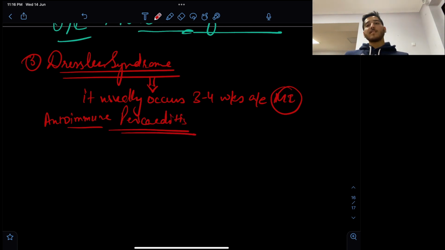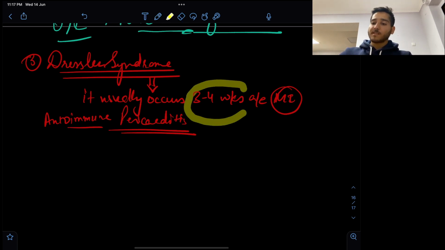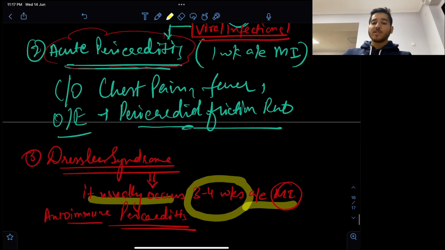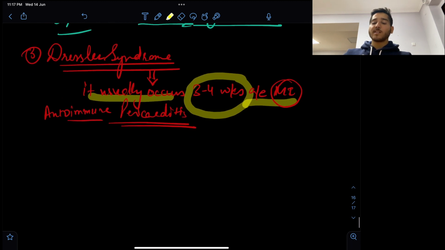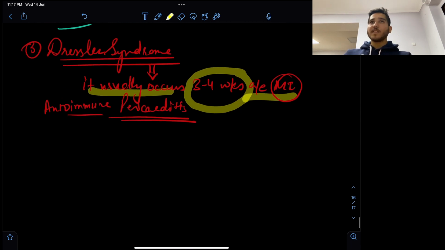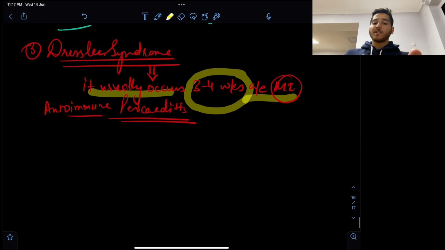In Dressler syndrome also we will get the same symptoms like chest pain and pericardial friction rub, but this will occur after 3 to 4 weeks of MI, right? Till now, in Krok 2, they have asked questions on acute left ventricular aneurysm and acute pericarditis, but Dressler syndrome they have used in the other options, so they might ask about Dressler syndrome also. Okay.